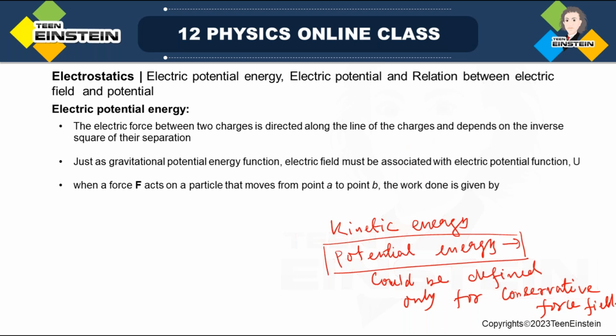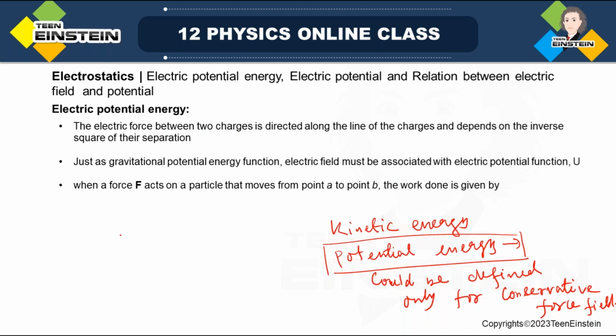So far we have discussed that the gravitational force field is one conservative force field. And you know, the electric force between two charges is directly proportional to the product of the charges.